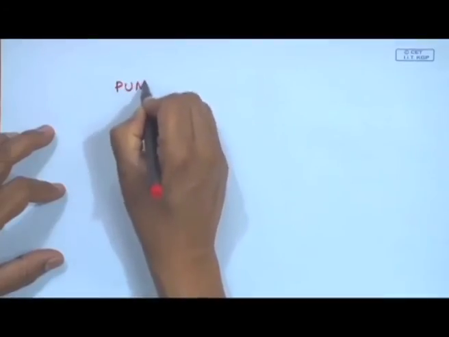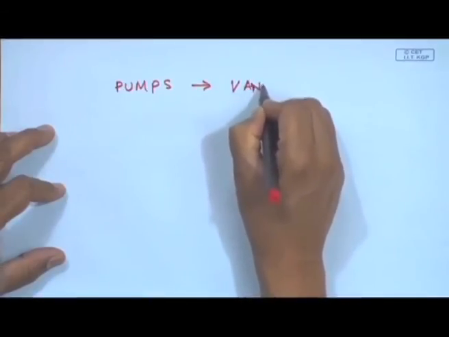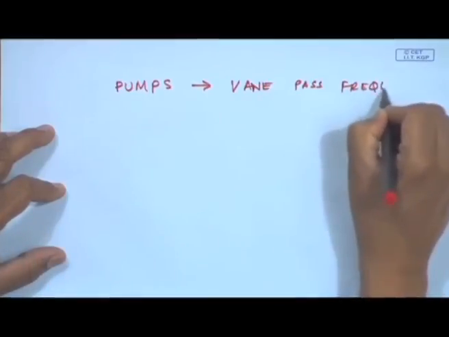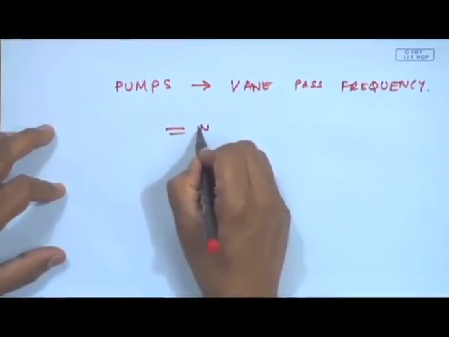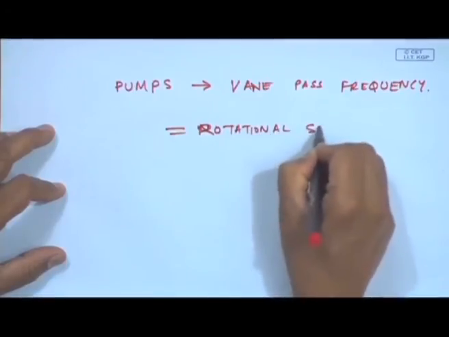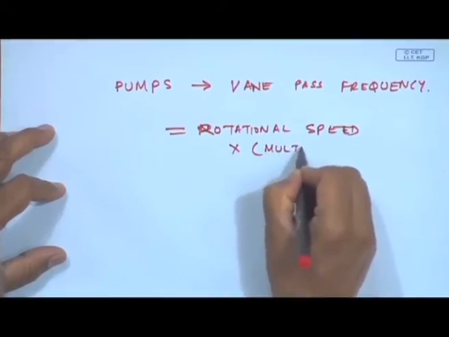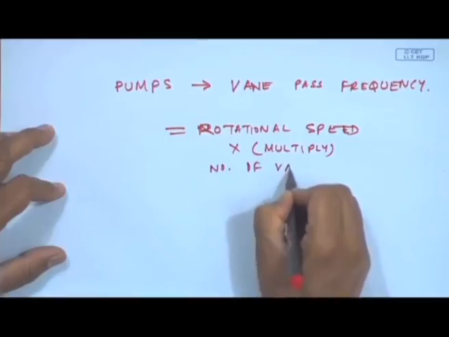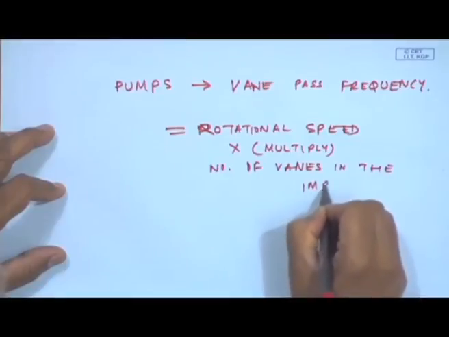in pumps we have what is known as the vane pass frequency, which is nothing but the rotational speed multiplied by the number of vanes in the impeller.